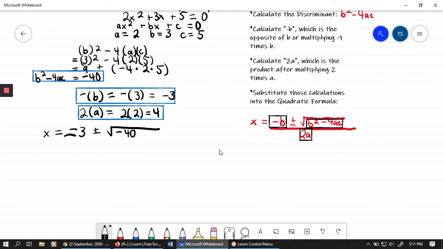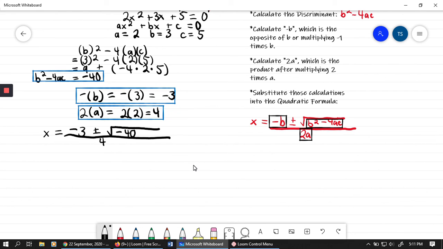And it's all over 2a. We calculated 2a to be 4. So this is all over 4. Okay, so we've got that. Now we need to see if we can simplify.